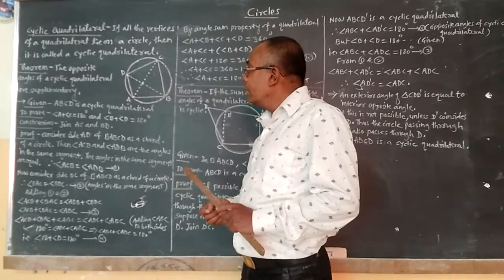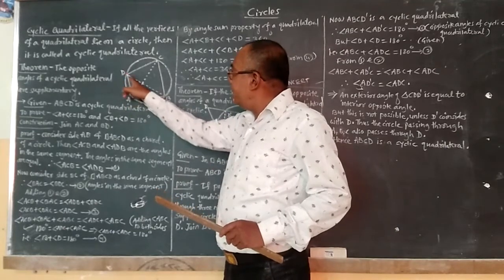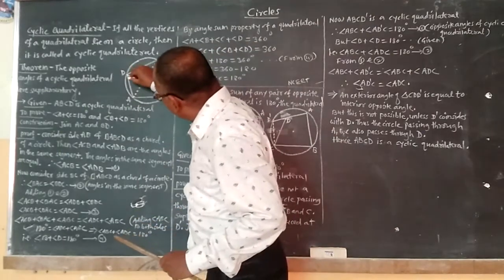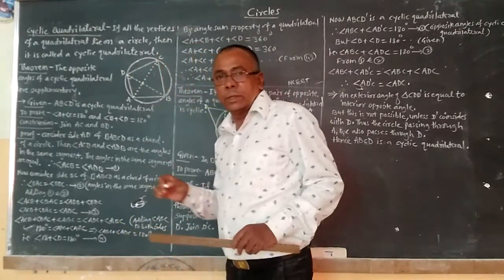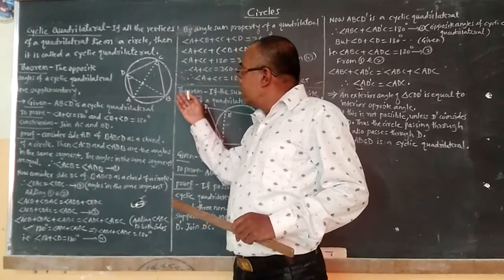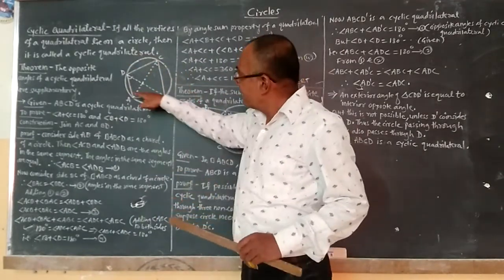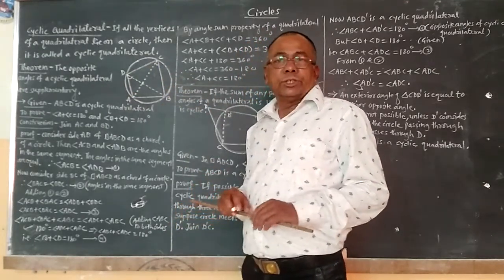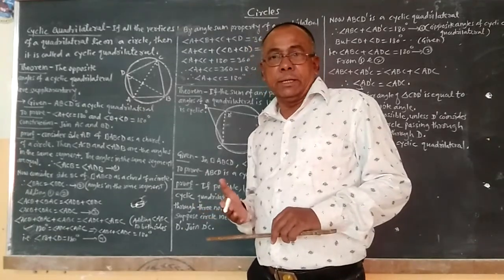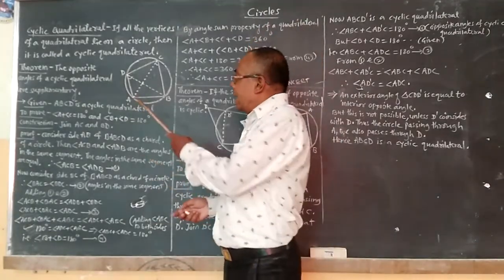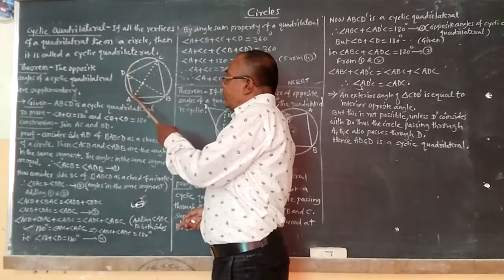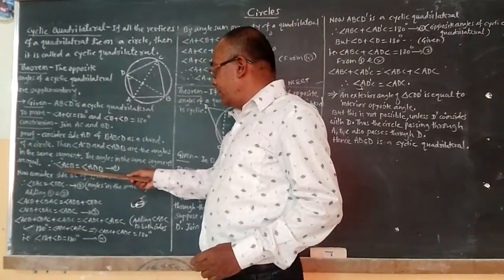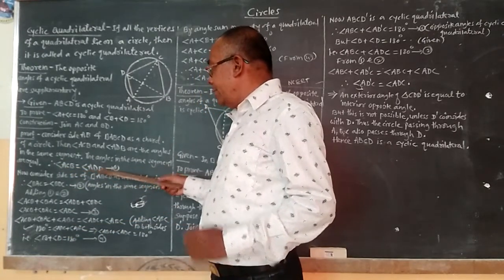Here angle ADB and angle ACB are in the same segment, the upper segment or major segment. And we know that the angles in the same segment are equal in measure, and therefore angle ADB equals angle ACB.